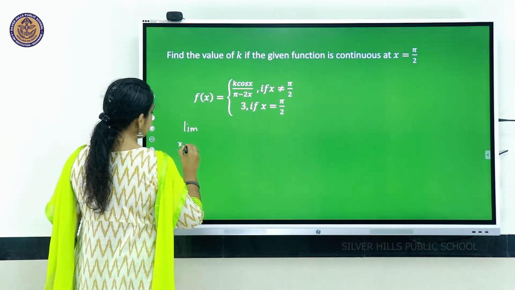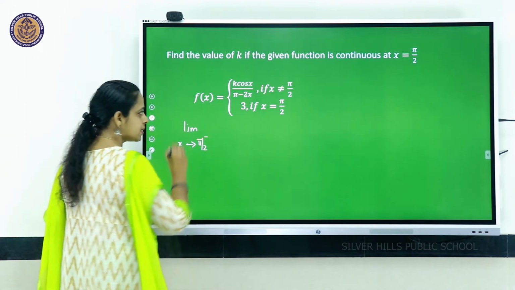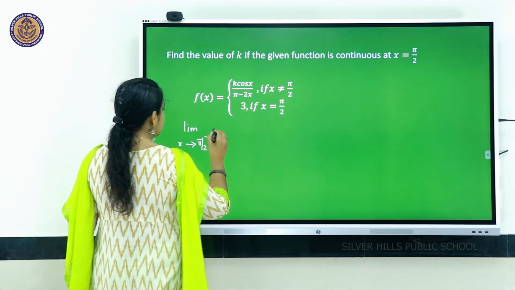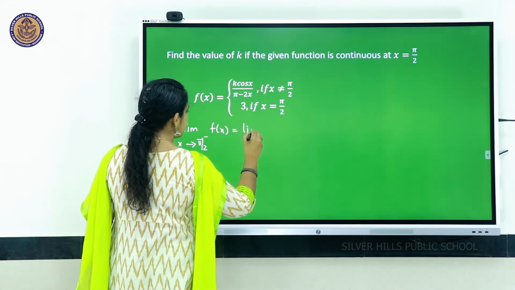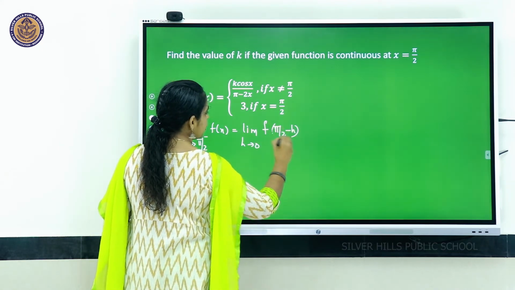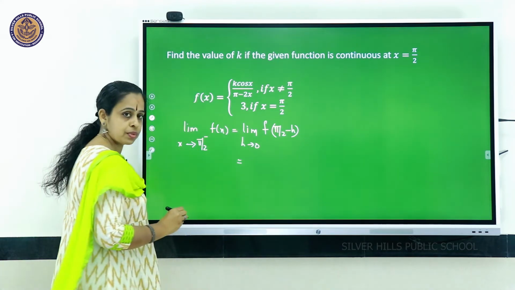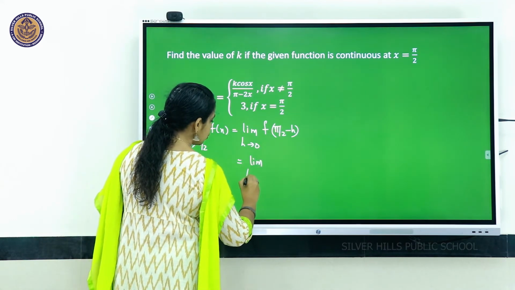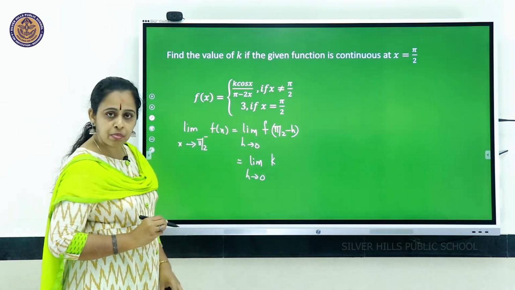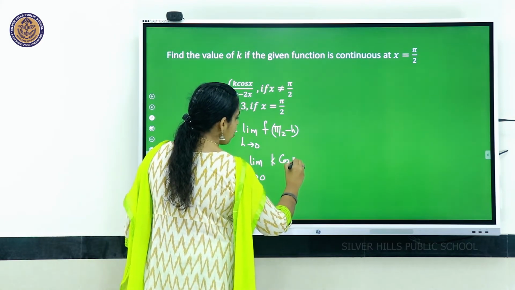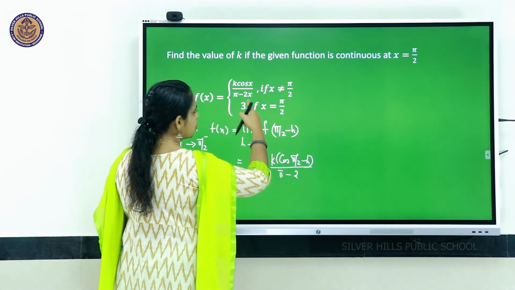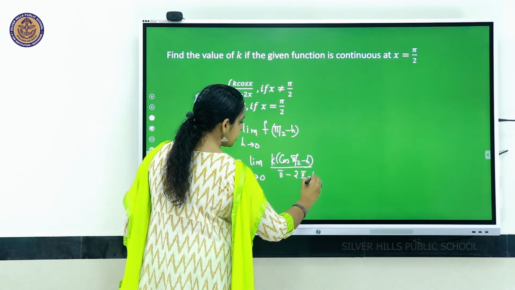Limit x tending to pi by 2 minus, if you take pi by 2 plus also, it has the same nature. f of x equal to limit h tending to 0, f of pi by 2 minus h, equal to limit h tending to 0, k, where we see x we will replace by pi by 2 minus h, cos of pi by 2 minus h divided by pi minus 2 into pi by 2 minus h.